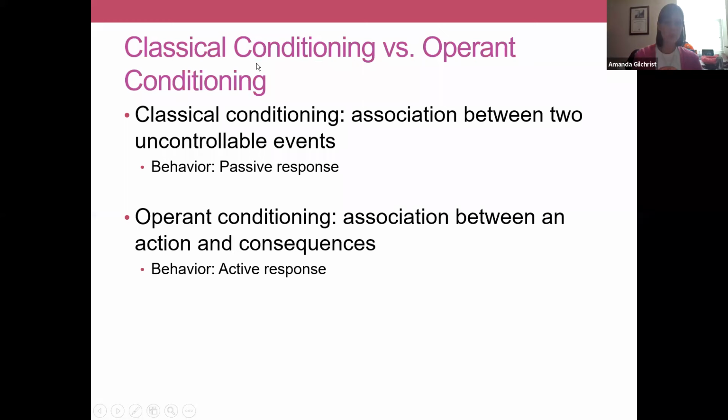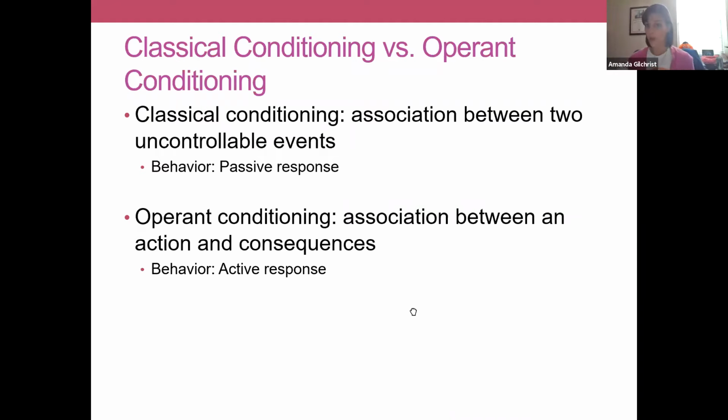So before we move any further, we do need to, once again, explain the difference between classical conditioning and operant conditioning. So just as a review, classical conditioning is when we make an association between two uncontrollable events.